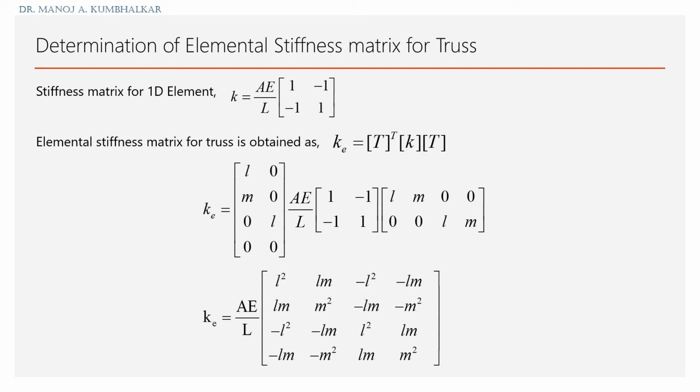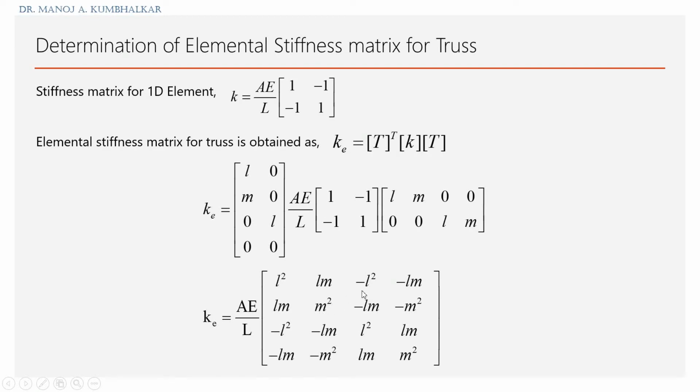So, if you multiply all these matrices, you will get a standard stiffness matrix for a plane truss, which is very simple to remember, that is AE by L, which is the common term as that of the 1D bar element, multiplied with, instead of 1 minus 1, minus 1 1, here now a 4 by 4 matrix. So, here it is L square, LM, LM, M square.